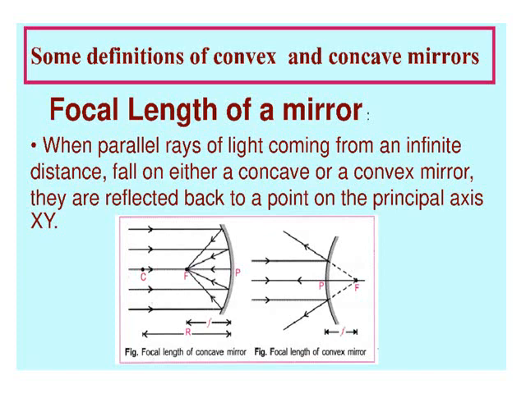So parallel rays to the principal axis fall on the mirror and get reflected, and all the reflected rays meet at the point F, where F is called principal focus. Principal focus. Okay.